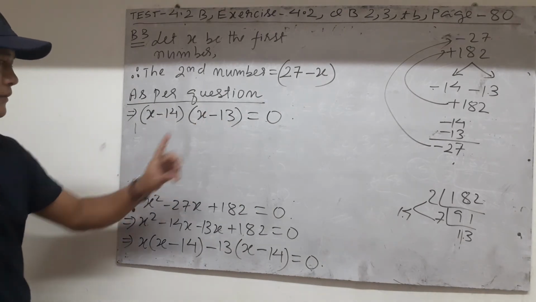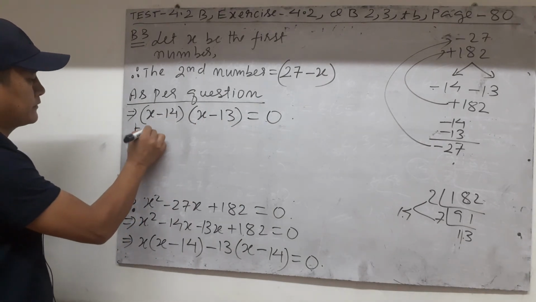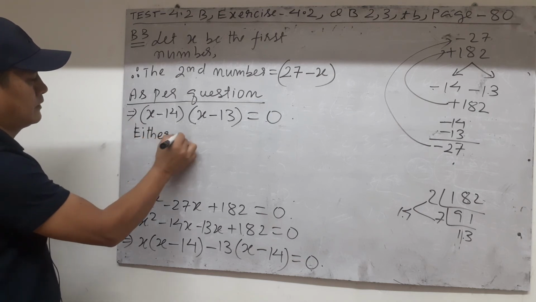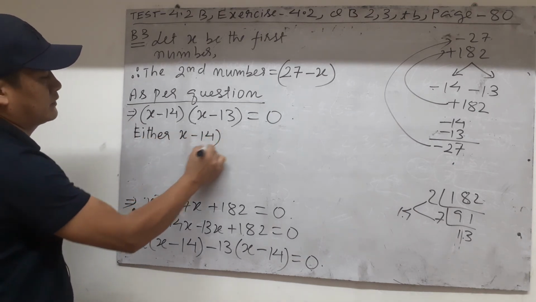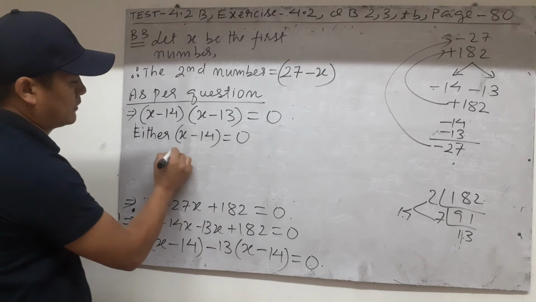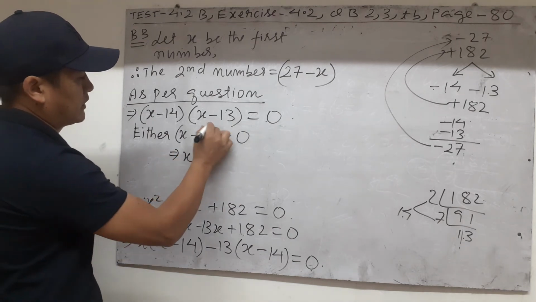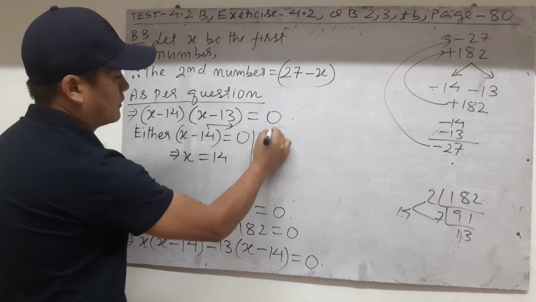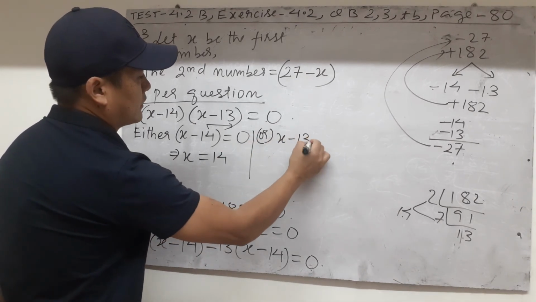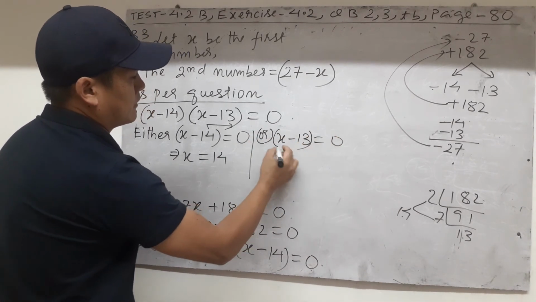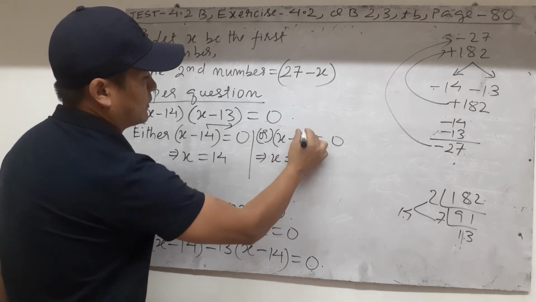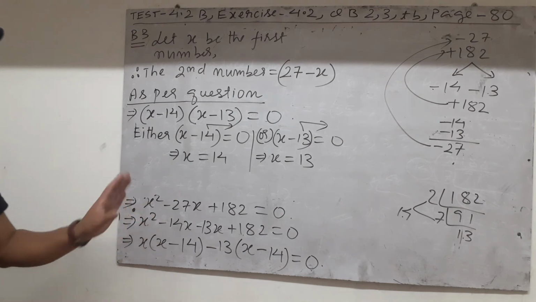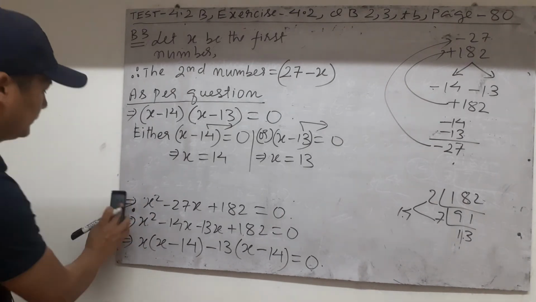Already factorized, so we can now write down either the first factor, x minus 14 is equal to 0, which implies x equals 14, plus 14 going to the right side, or x minus 13 is equal to 0, then we're going to get x equal to 13. We're getting two answers.